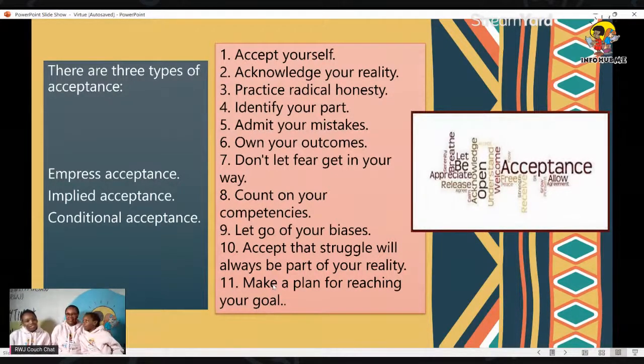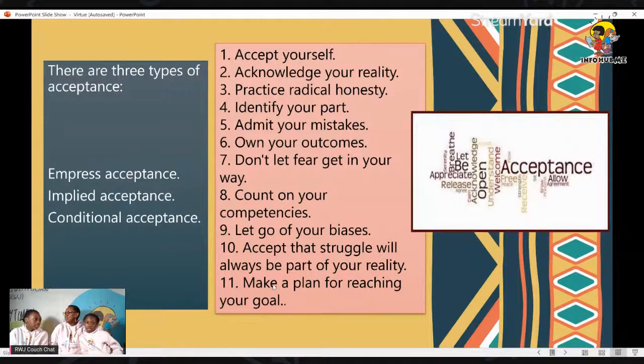Maybe it just means accepting it. So you accept. That's conditional. Conditional is accepting when it's this way. That's why they say unconditional love. Yeah, if we love you no matter what. So implied acceptance is when you imply but you don't say it directly.